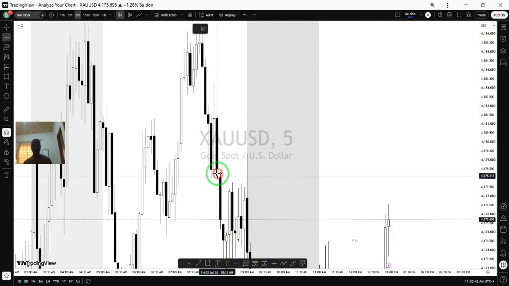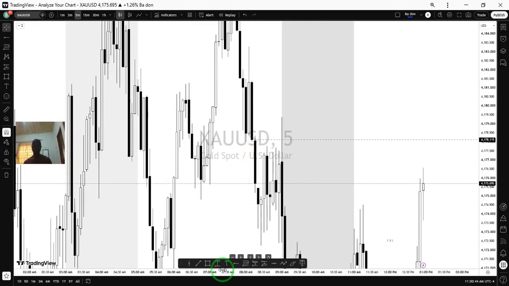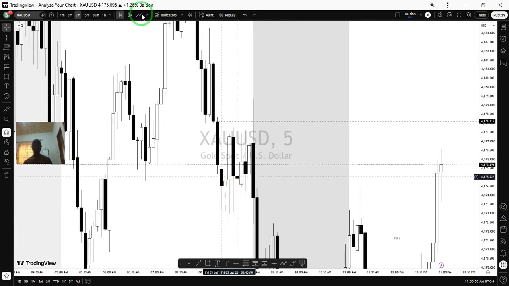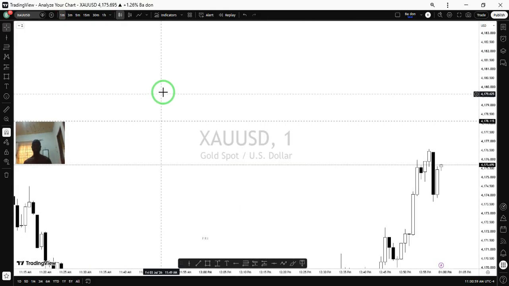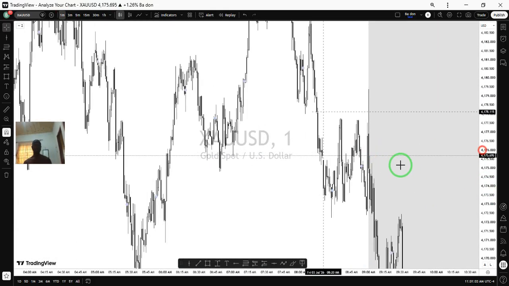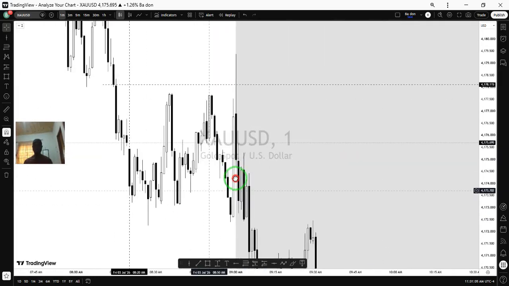We have this POI right here. Let's see what price does. Go to the 1 minute time frame. And what do we have here?